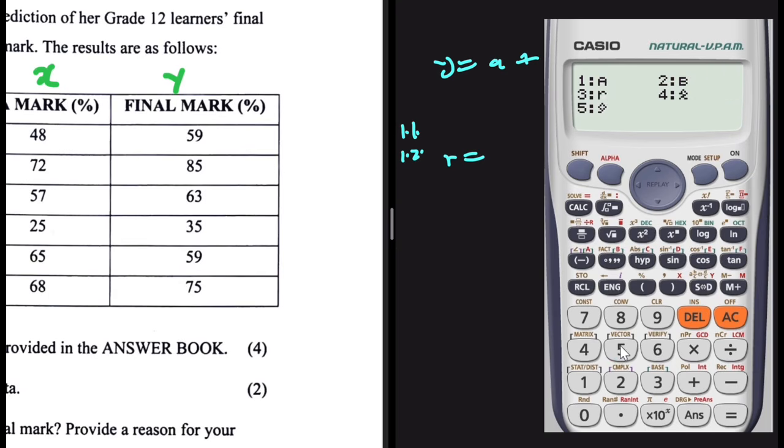After pressing 5, you're going to see that I have A, B, r, x, and y. So I'm going to press number 3 because I want to find the correlation coefficient. I get 0.94. So the value of r is 0.94. And now I can move to 1.3.